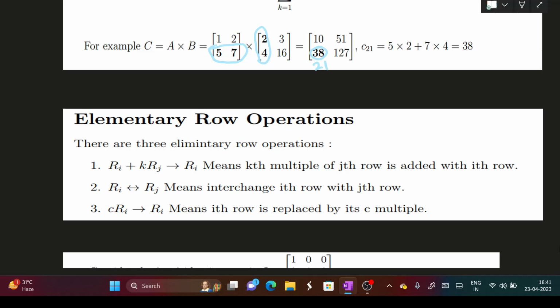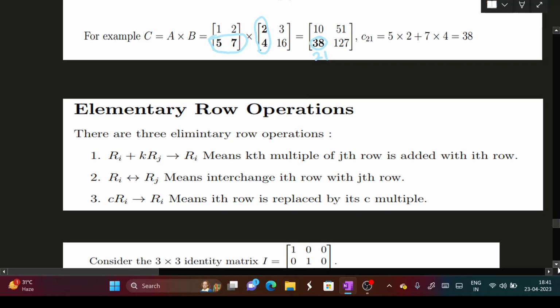About these elementary row operations, already 2 videos have been made and the link is already shared. So please go through them, then we can understand this video properly. So here it means the kth multiple of the jth row is added to the ith row, and Ri interchange with Rj means interchange of the ith row with the jth row. c Ri stored in Ri means the ith row is replaced by its c times multiple.